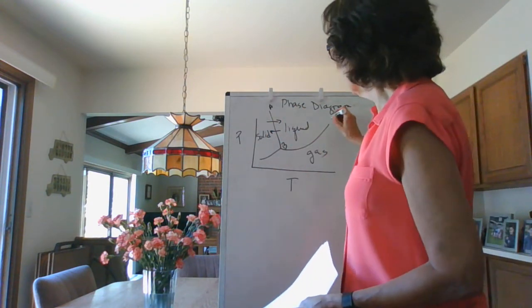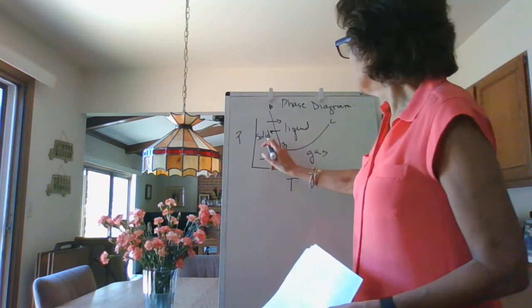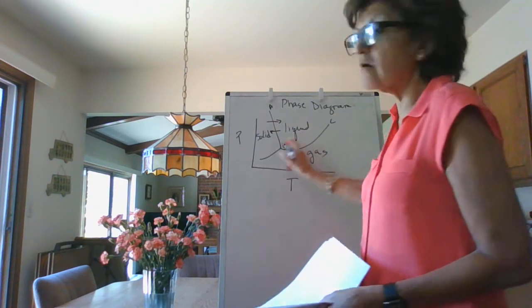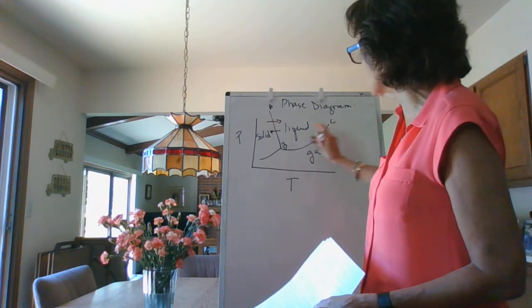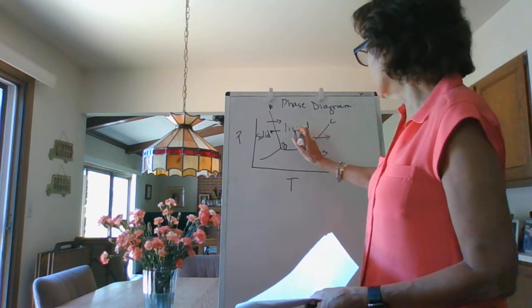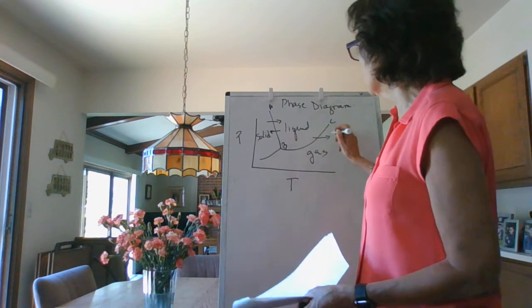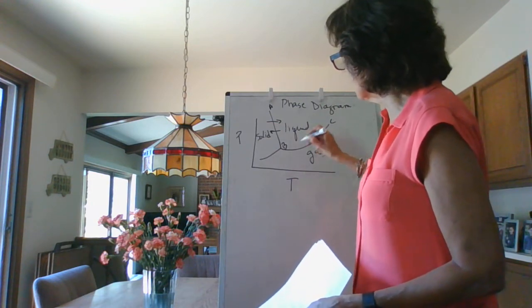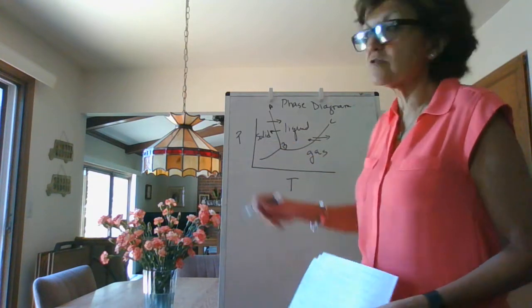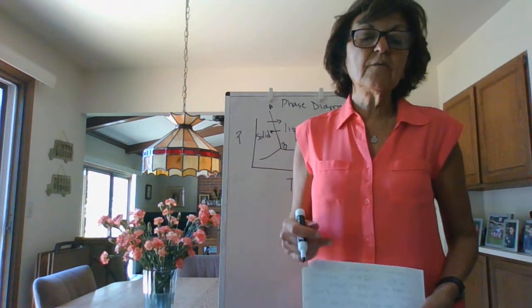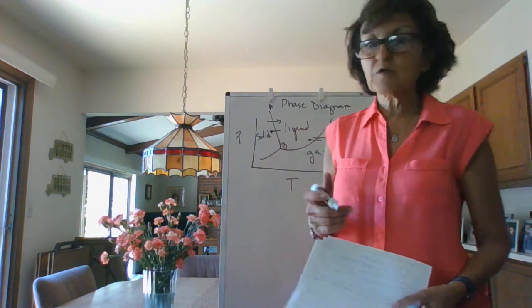This line over here, say BC, would be your boiling and condensation. So if you're going in this direction, that is vaporizing, boiling it, or in this direction, you're condensing, okay? And then obviously solid to gas or gas to solid, that's your sublimation and deposition, okay?